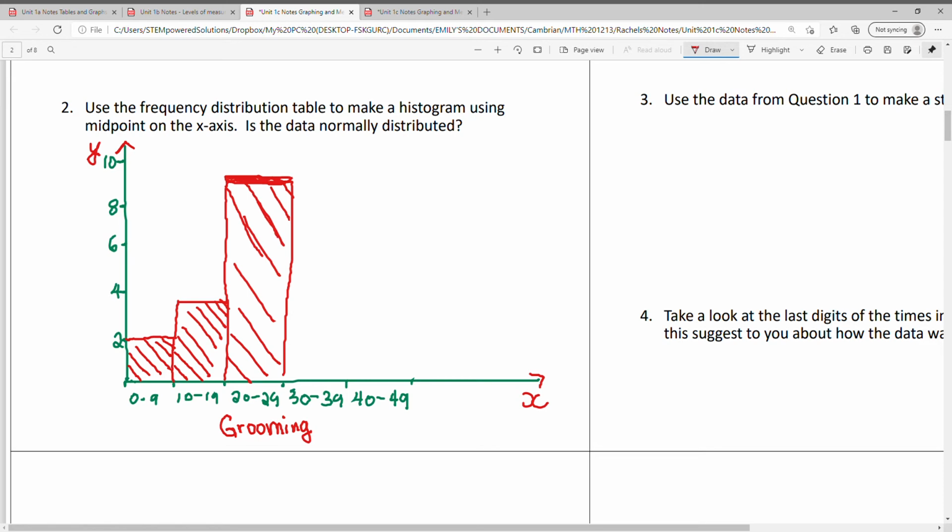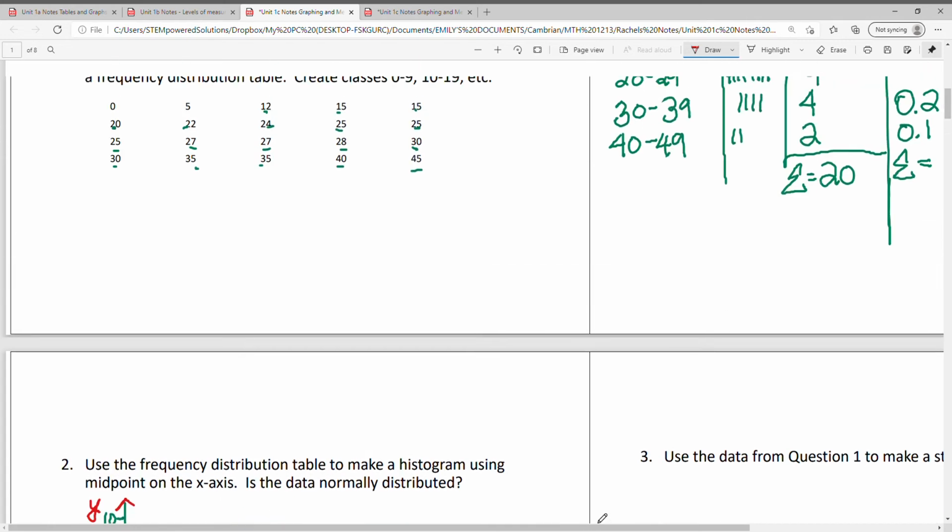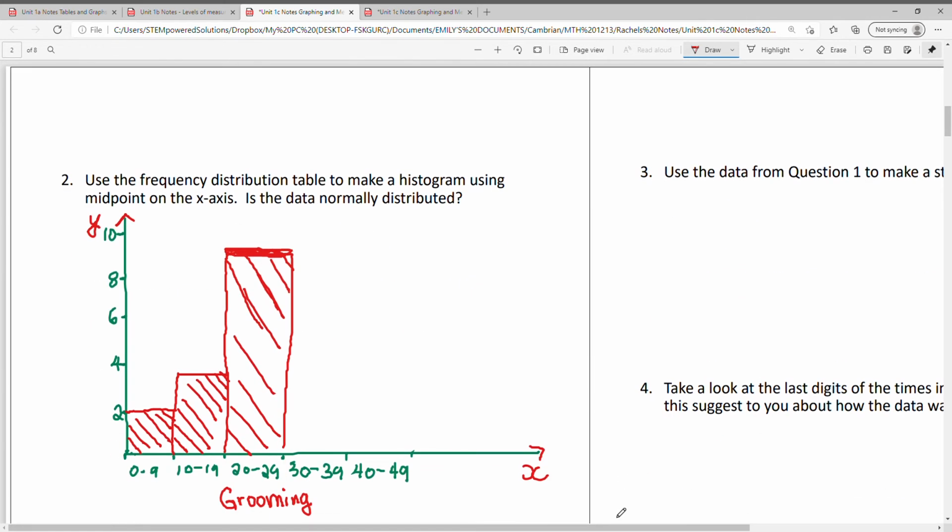The next interval is 30 to 39, and we have 4 people who have that kind of grooming time, so that would be somewhere like this. And we continue our histogram.